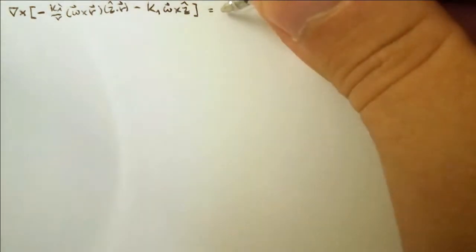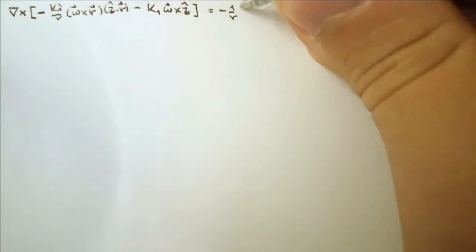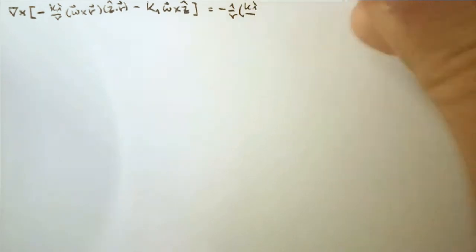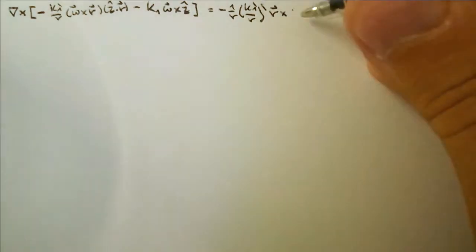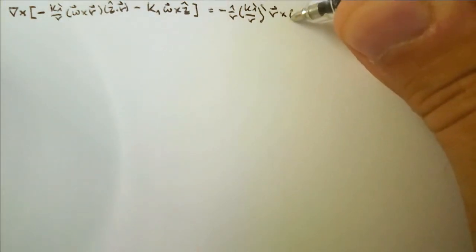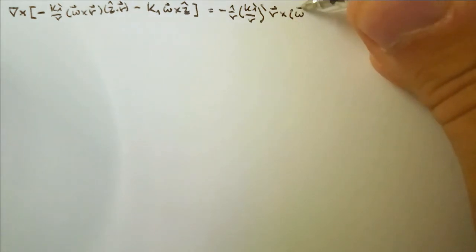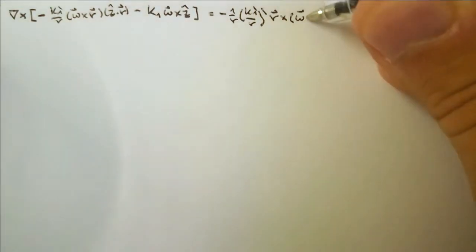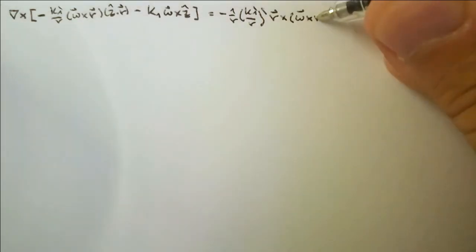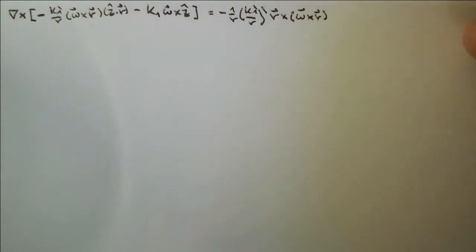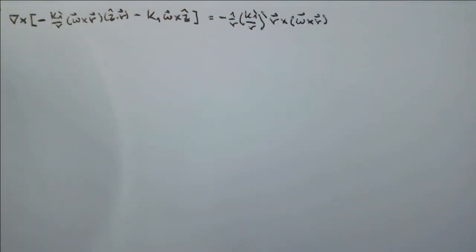This term will show up, 1 over r k1 prime over r prime, and r cross this, which is omega cross r times what?